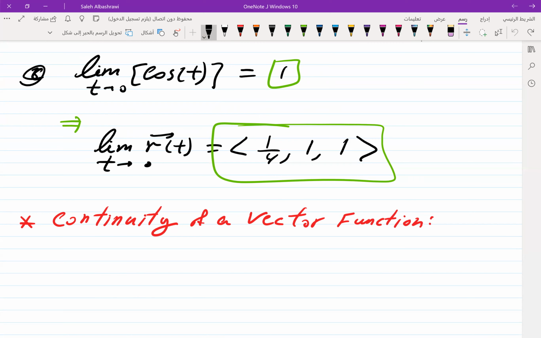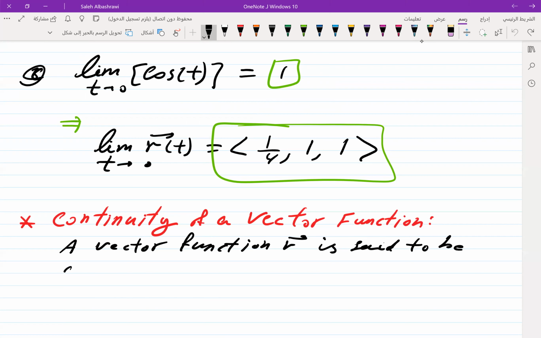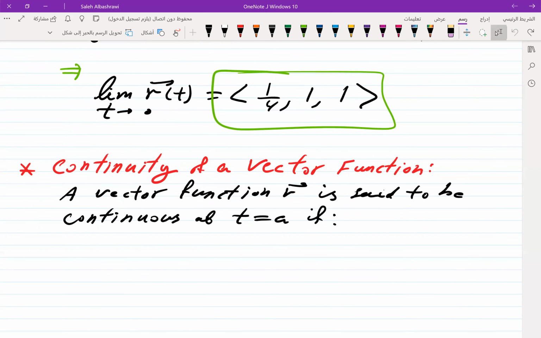A vector function r is said to be continuous at t equal to a if three conditions are satisfied. One, r of a is defined.